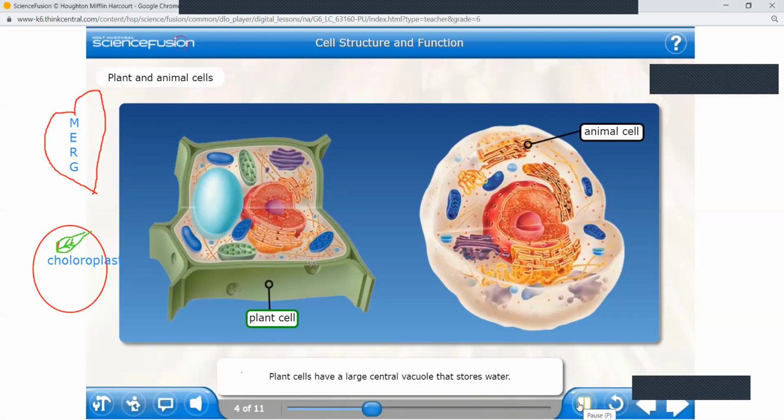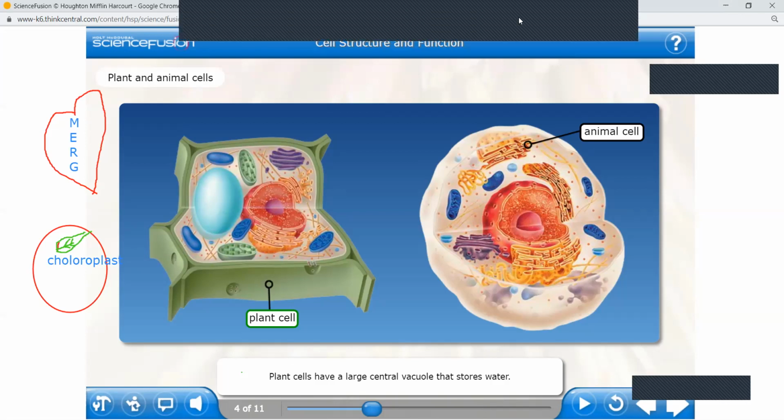Plant cells have a large central vacuole that stores water. Again, when an animal needs water, or we need water, is something stored in my body? No. The animal has to go and search for water. But how about the plants?